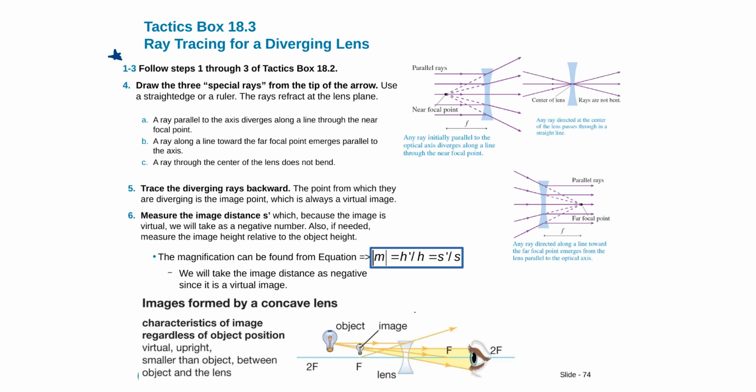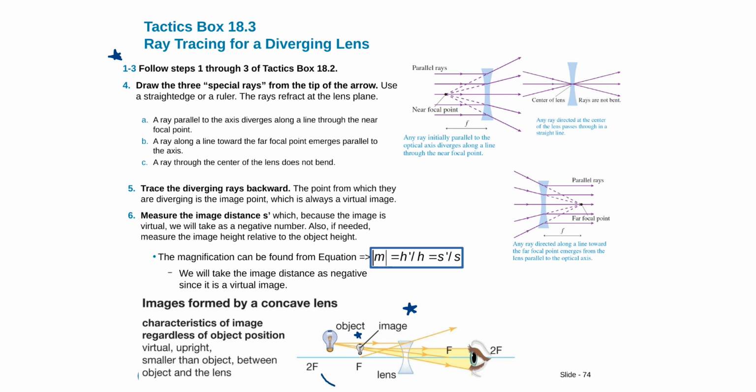It turns out for the divergent lens, similar to the divergent mirror, we always have an image smaller than the object, in between the focal point and the lens, and right side up, virtual.